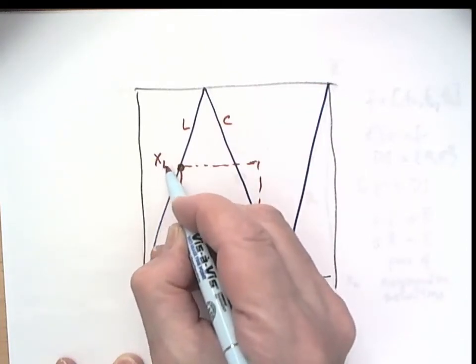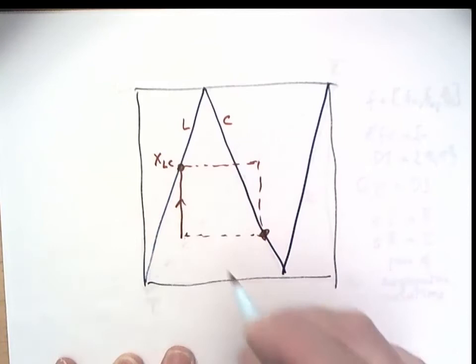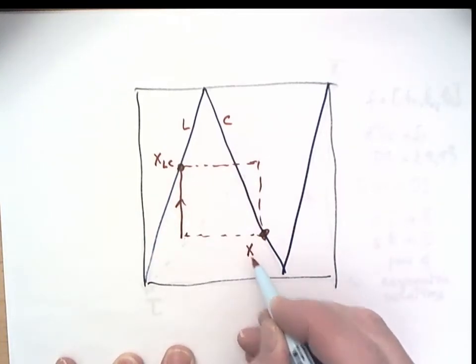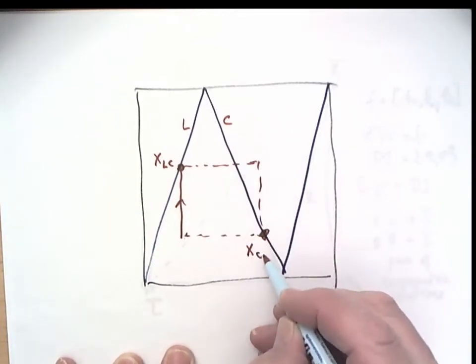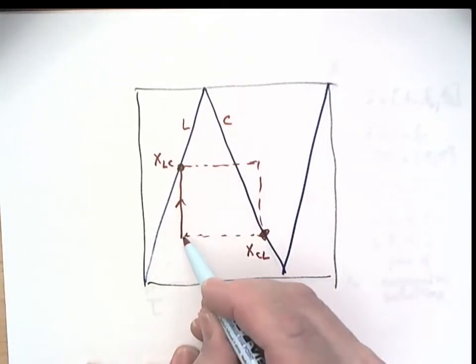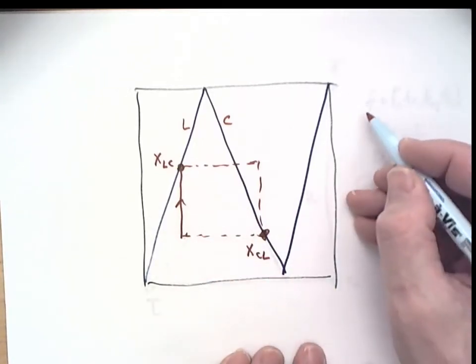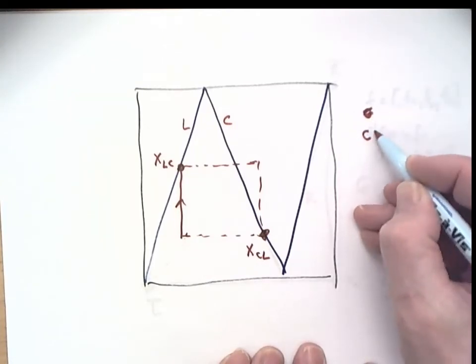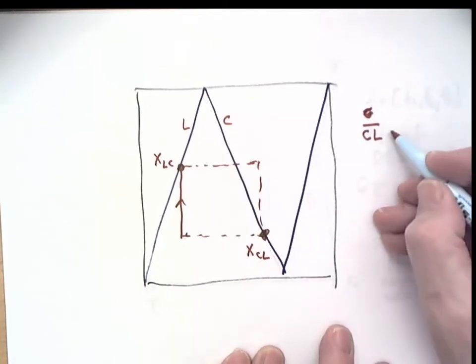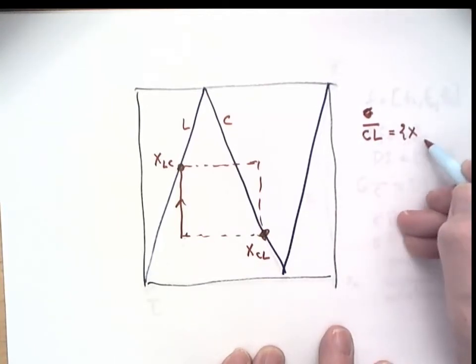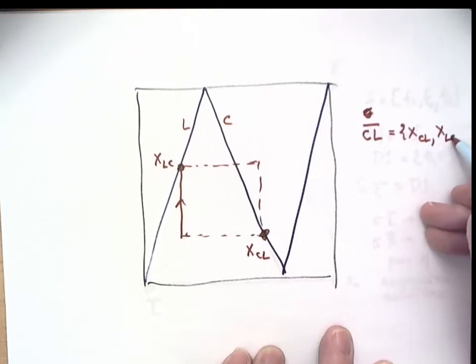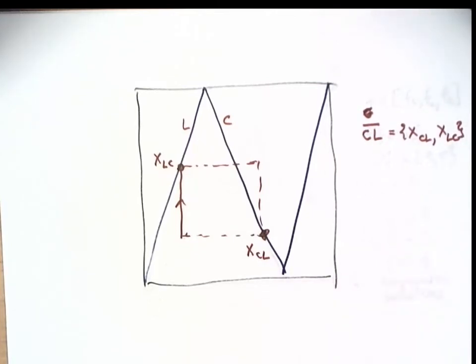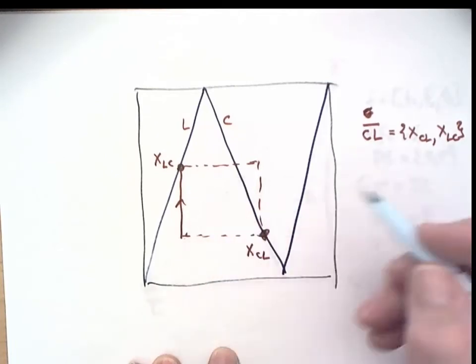The slopes at the 2 points are different. So being at XLC or XRC gives a different contribution to the stability of the orbit, for example. And in time it's an infinite repetition, so we say it's CL bar, meaning infinitely repeated, but all it does is just hop between 2 points.